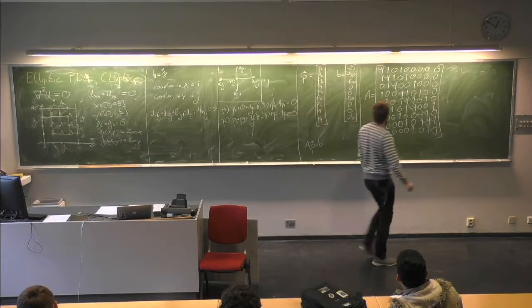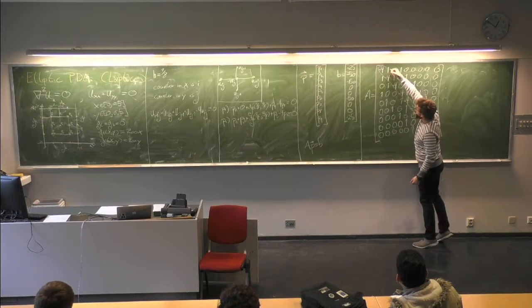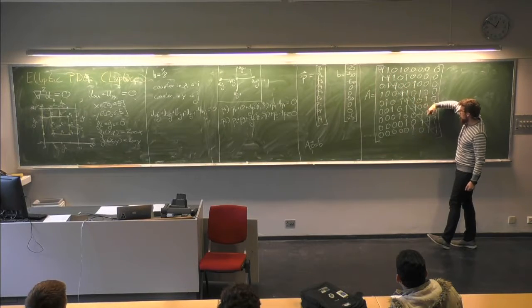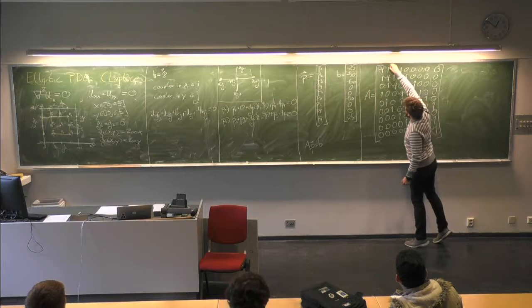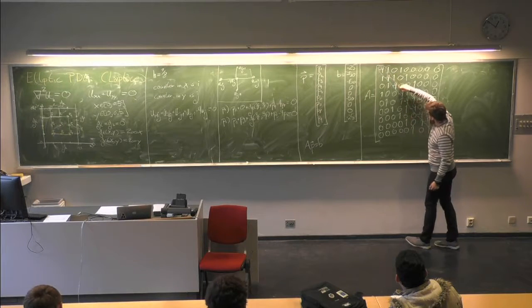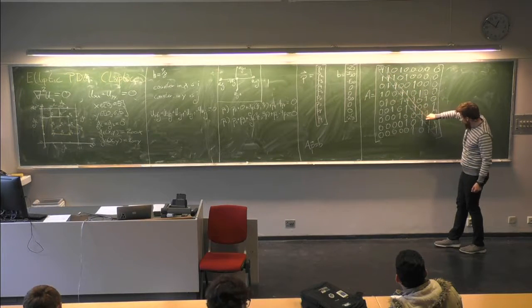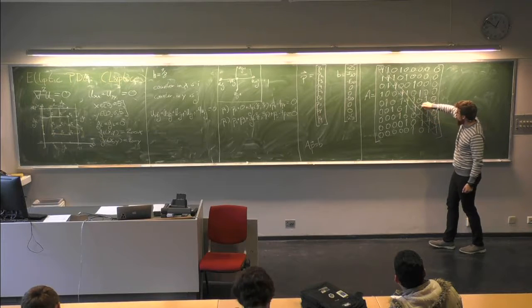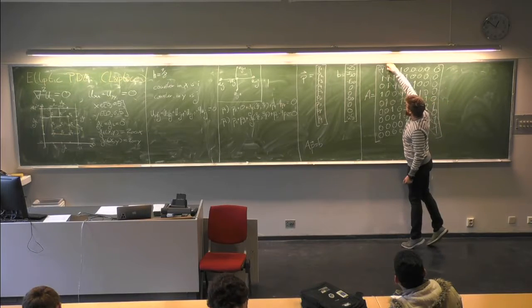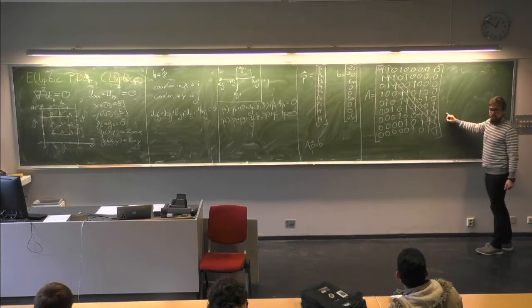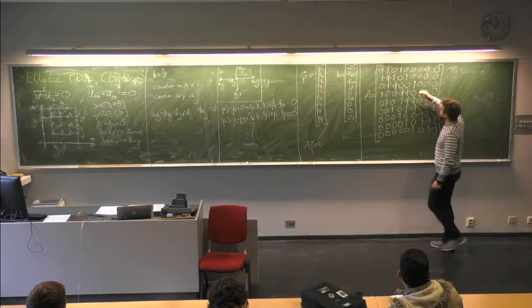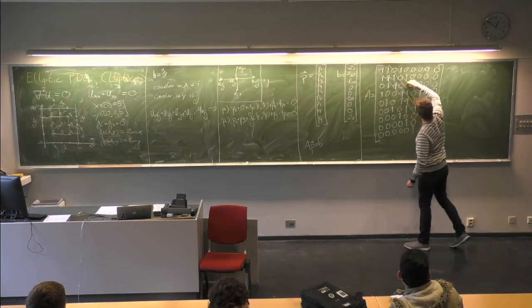Then we have the next band. It's 1, 1, 0, 1, 1, 0, 1, 1. The next band is zeros, last one, ones.